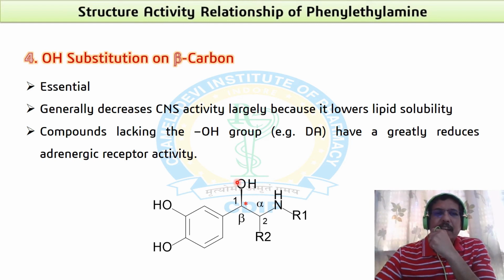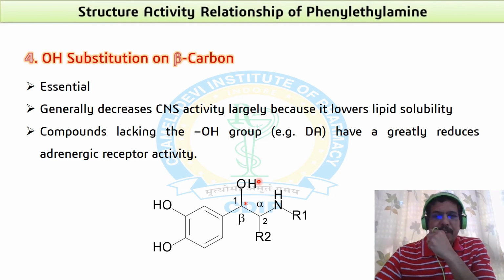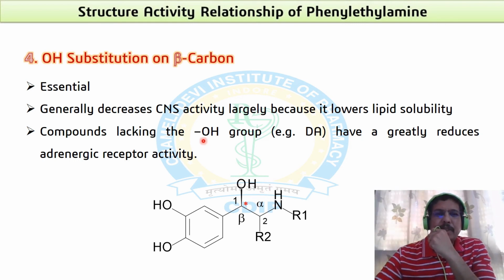the activity. It may participate in hydrogen bonding with the receptors, and ultimately this hydroxy group is also responsible for decreasing CNS activity, because it decreases the lipidic character of these molecules.